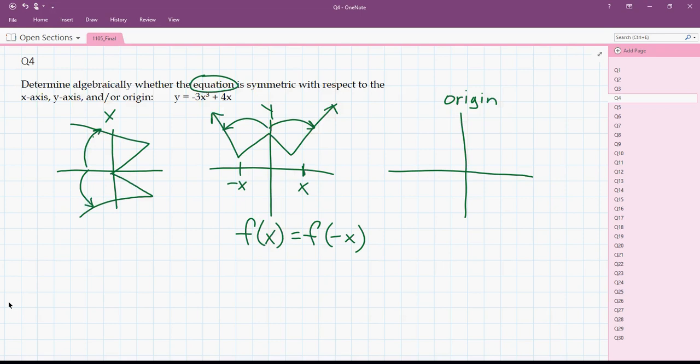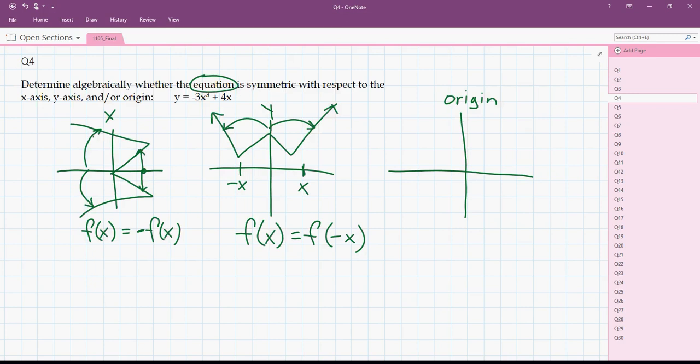And the way we test that algebraically is if we have that f of x is also equal to negative f of x. So that if you have a solution here, there's a solution going up, there's a solution going down. In that case, you'll have a graph that is x-axis symmetric.